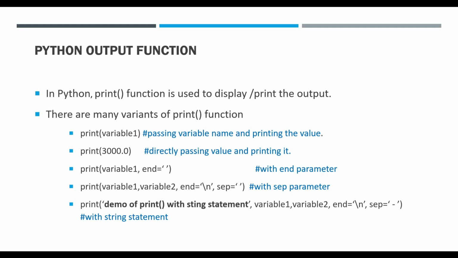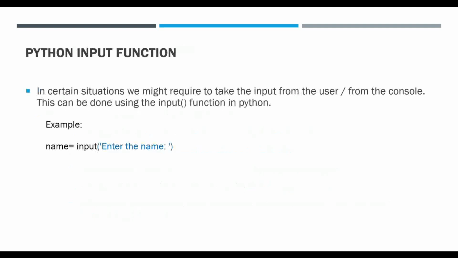Before that, let us understand the Python input function as well. In certain situations, we might need to take input from the user or from the console. This can be done using the input function in Python.